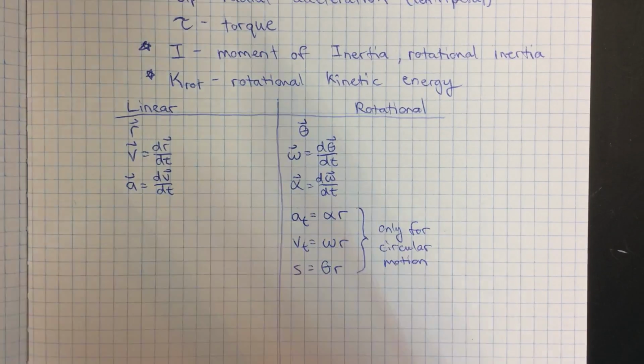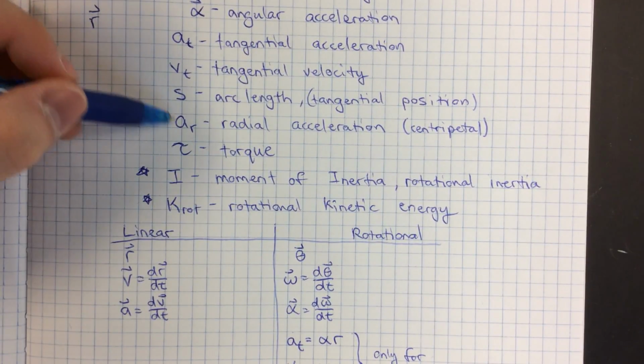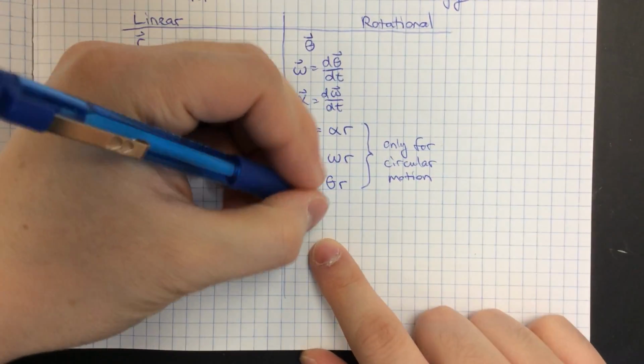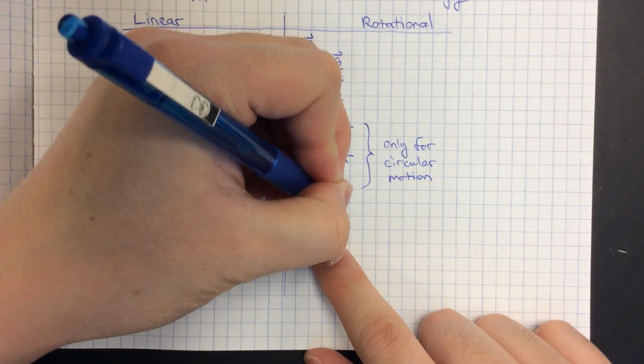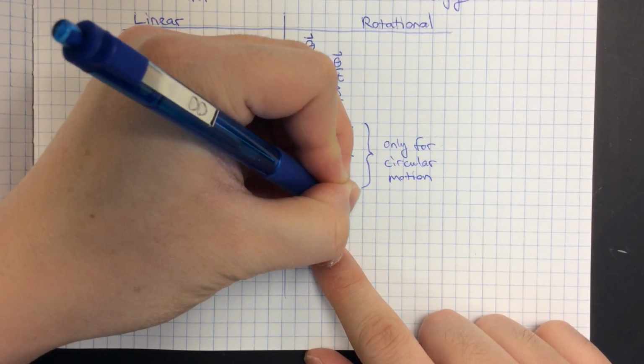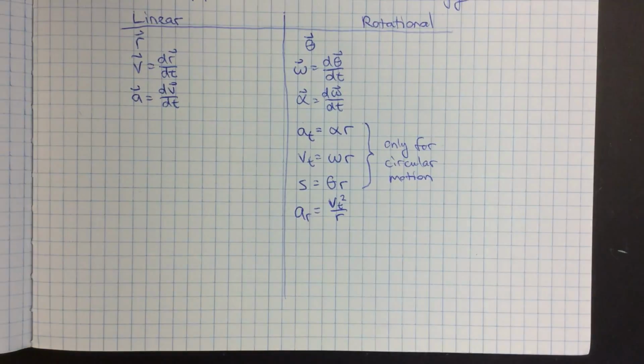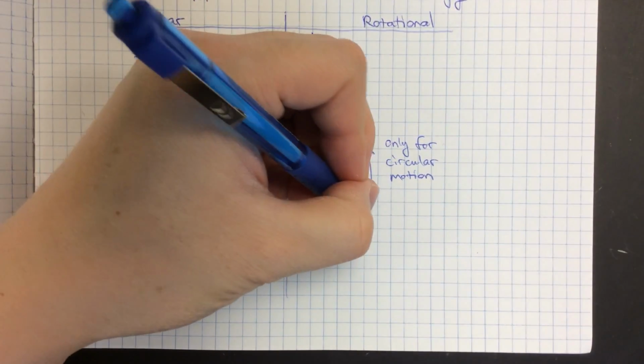Okay, what else do we have? Going down the list, we have the radial acceleration. That is this one. And with substitution, you can get this.